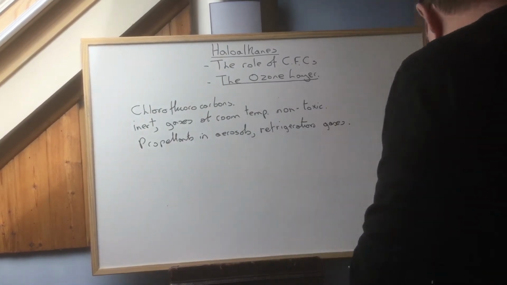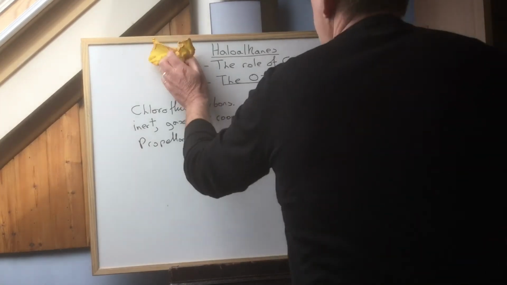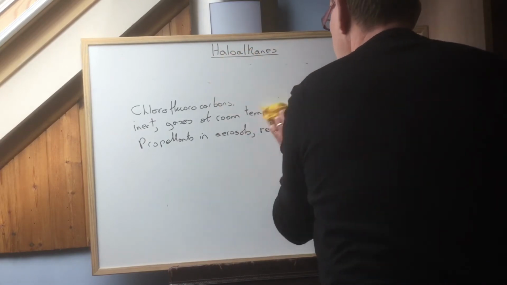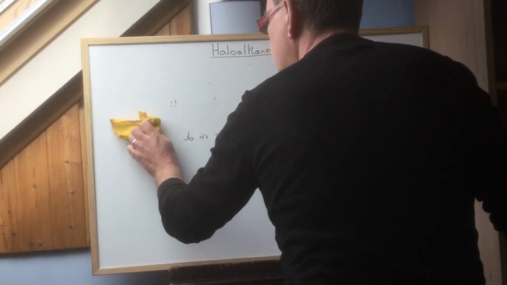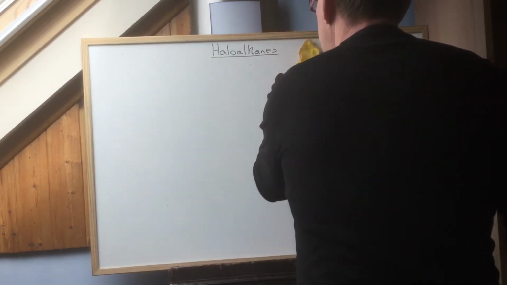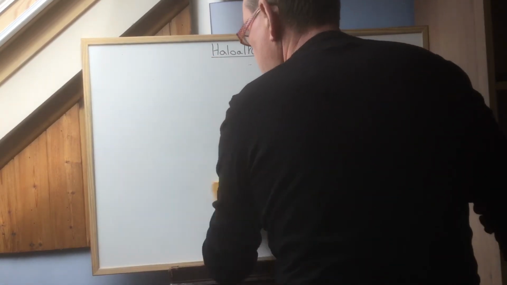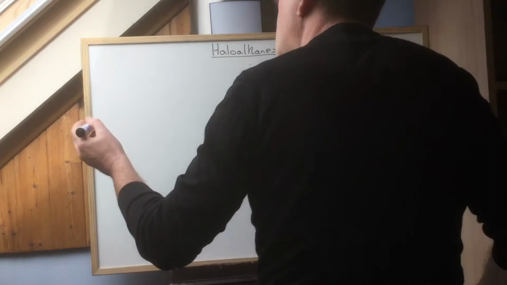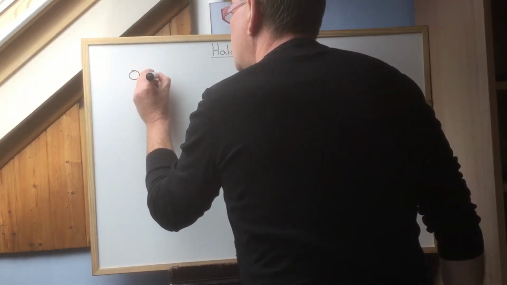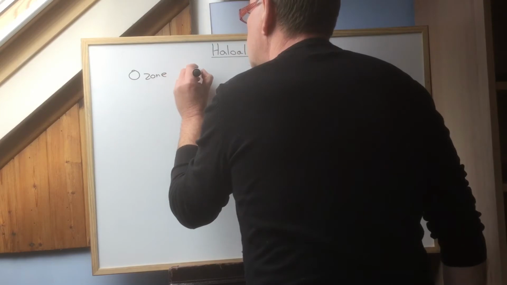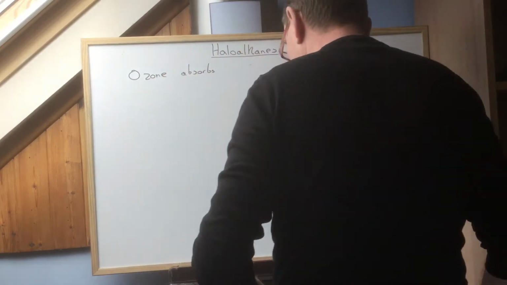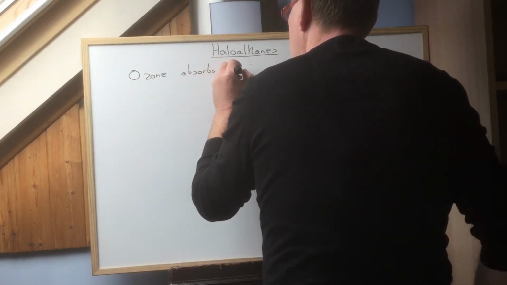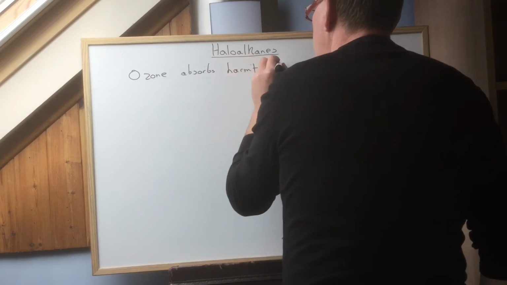Right, so here we are. We'll keep that title there, haloalkanes, so you know what's going on. So, ozone absorbs harmful UV radiation.